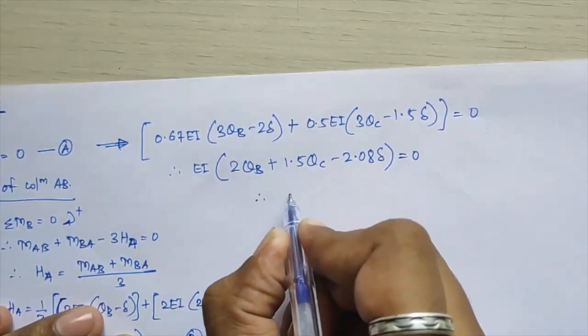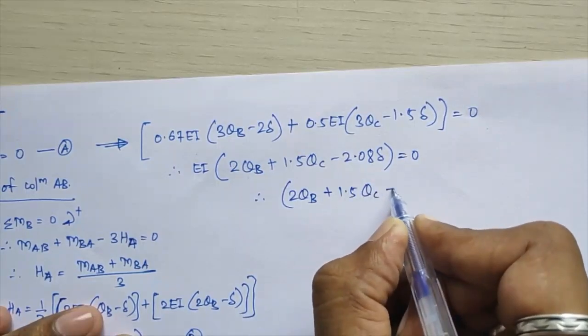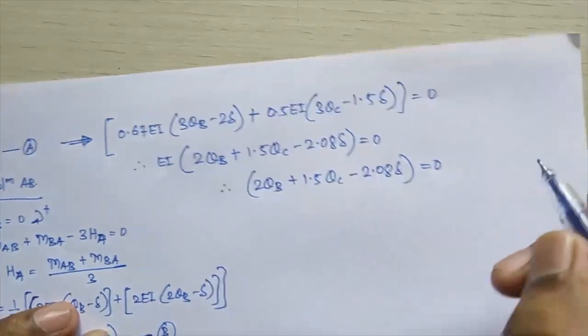So the next equation is 2 times theta B plus 1.5 times theta C minus 2.08 times delta is equal to 0.